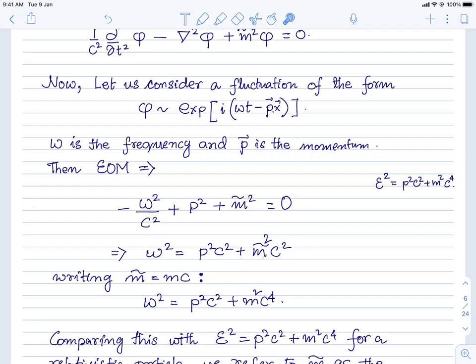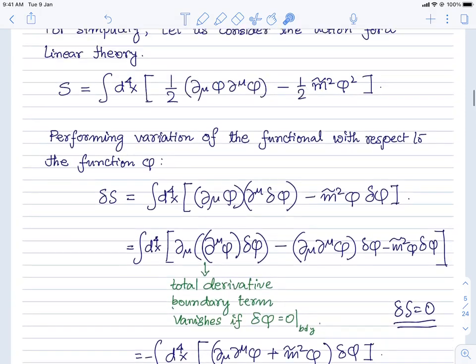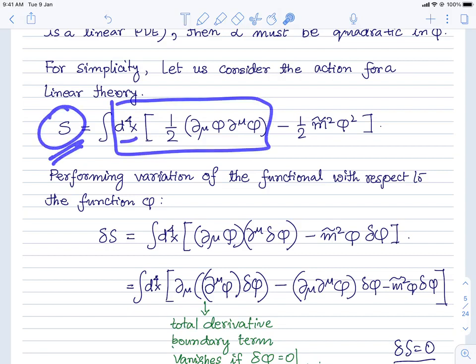And now if I say that my m tilde is something like m times c, of course, this m tilde in the Lagrangian, if you look at dimensions, is a dimensionful quantity, because this is going to have some dimensions, and so this will determine that phi will have some dimensions, which will make this whole thing have the dimension of the action.